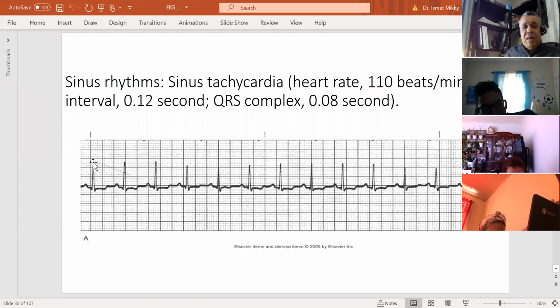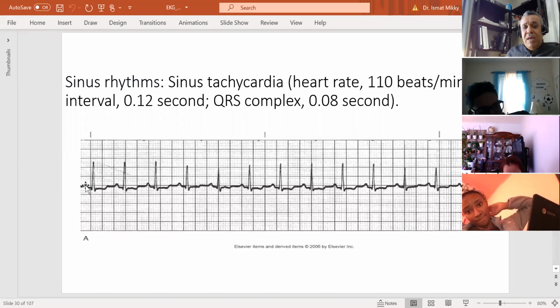Since we have a P wave preceding each QRS across the board, this is a normal sinus rhythm, but we don't know yet if it's within range in terms of how many beats per minute. If it's within 60 to 100, fine; if it's out of that range, then it's either brady or tachycardia.